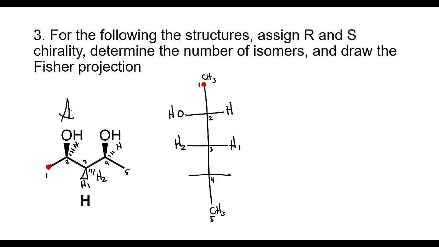I alternate my perspectives every carbon, which means that my perspective for carbon 1 and carbon 3 must be the same, so right and left on those carbons will be the same. So I don't have to redo the whole thing, I just have to do this. If my perspective is the same, the right-left rule will be the same. If the carbon's pointing up, you're looking down.